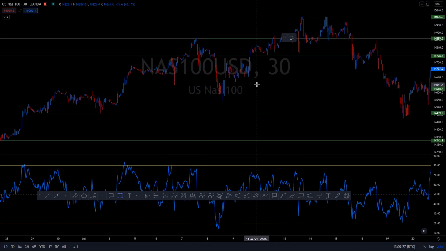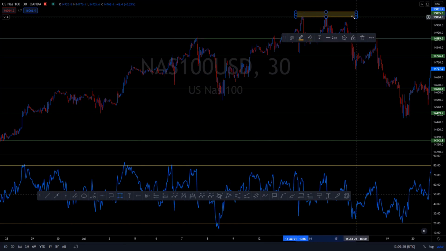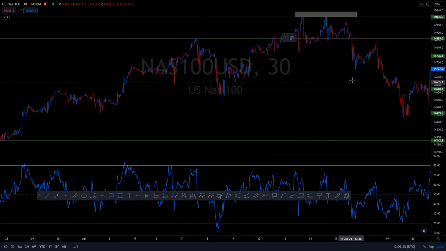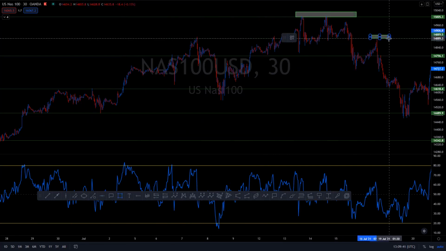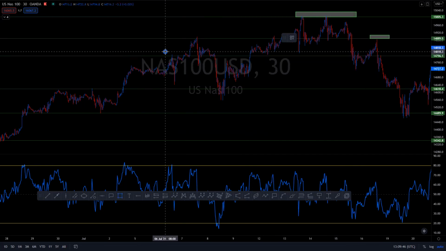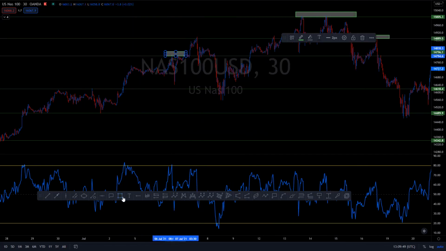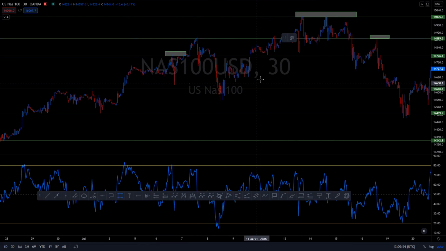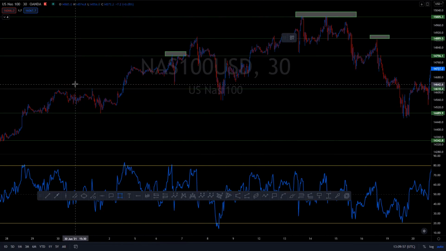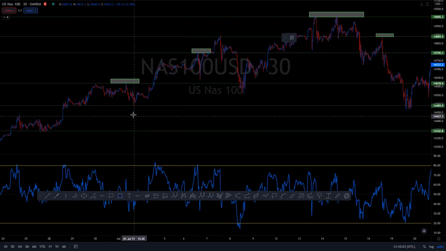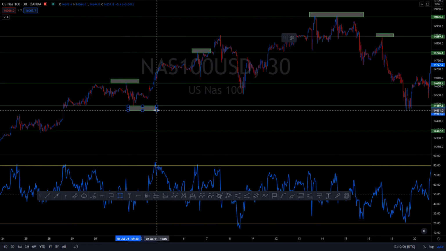Now we're going to start marking up this market structure. We're going to make these zones clear green so that we can tell which zone it is. Here.